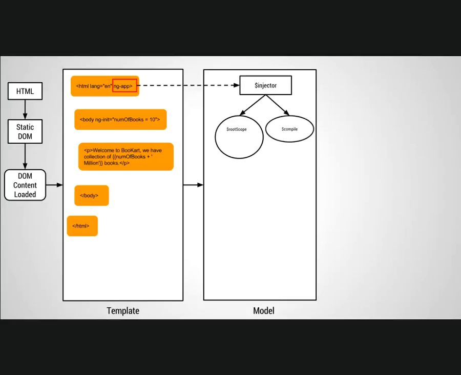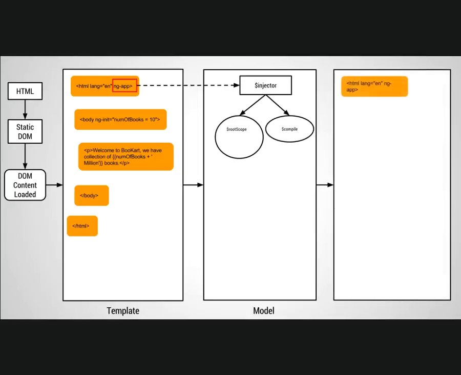The injector also creates the compile service object, which is responsible for compiling the static HTML template. Angular then compiles the DOM using the compile service, starting at the ng-app root element, processing all the directives and bindings in the HTML. In our HTML, we have one more directive coming along the way of the compile service, the ng-init directive.